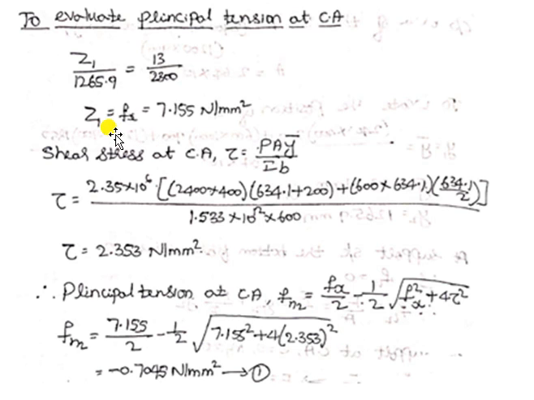We will get Z1, that is Fx at the centroidal axis, is equal to 7.155 Newton per mm square.